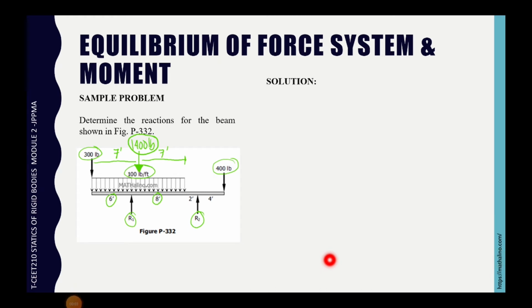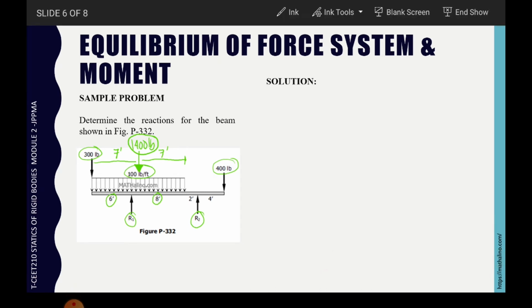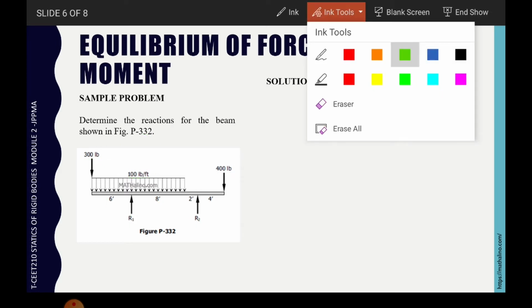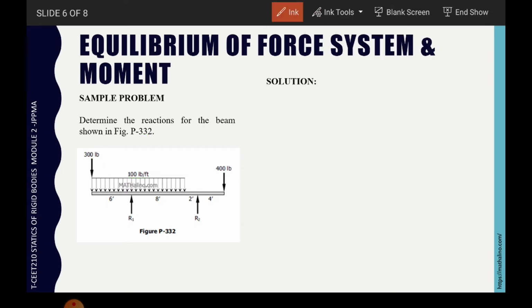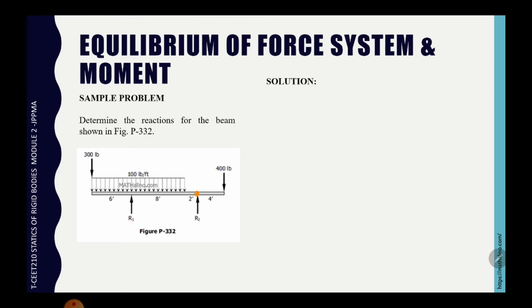Yan. For this one, napili ko mag-moment dito sa point na to. Summation of moment at point R2 is equal to 0 where the clockwise direction is positive and the counterclockwise is negative. Okay?